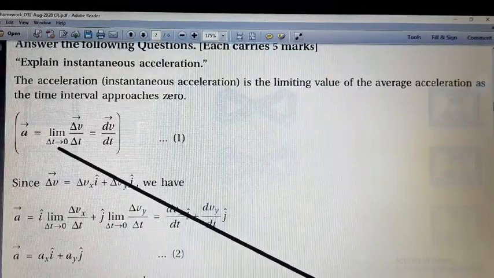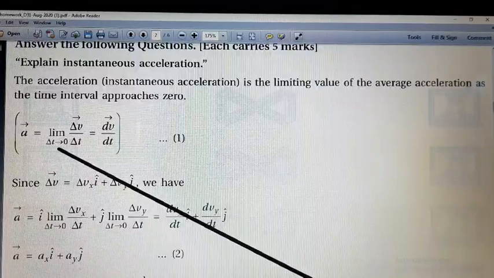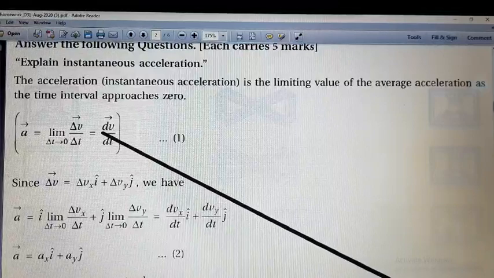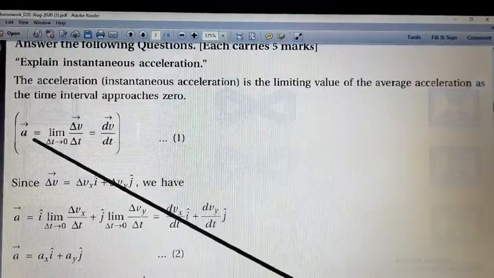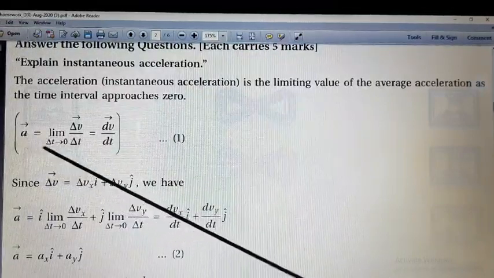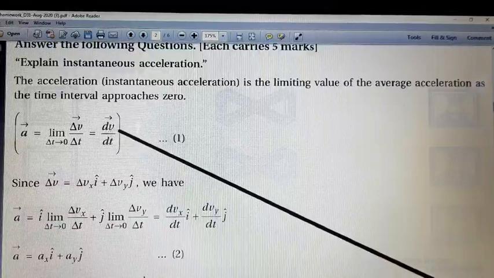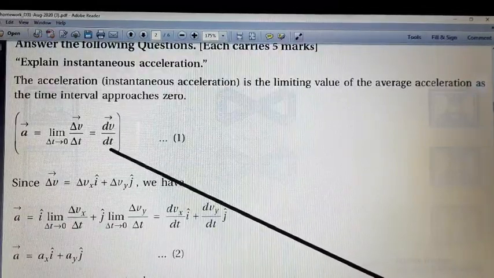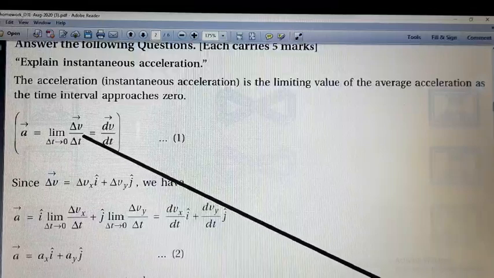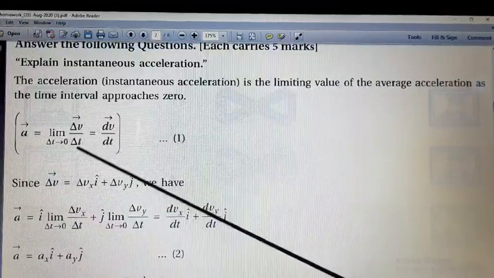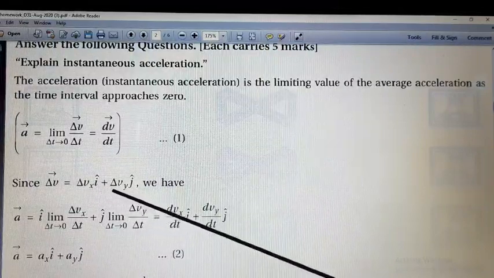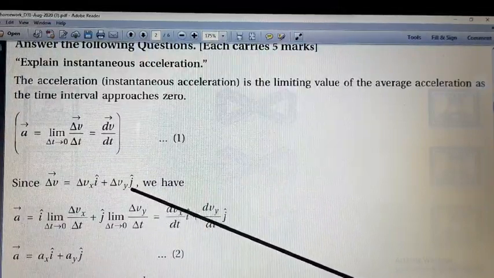When we take the limit delta t tends to 0, delta is converted into small d. Means we get vector a is equal to vector dv upon dt. Now, instead of delta v, we take two components of the velocity, delta vx i caret plus delta vy j caret.